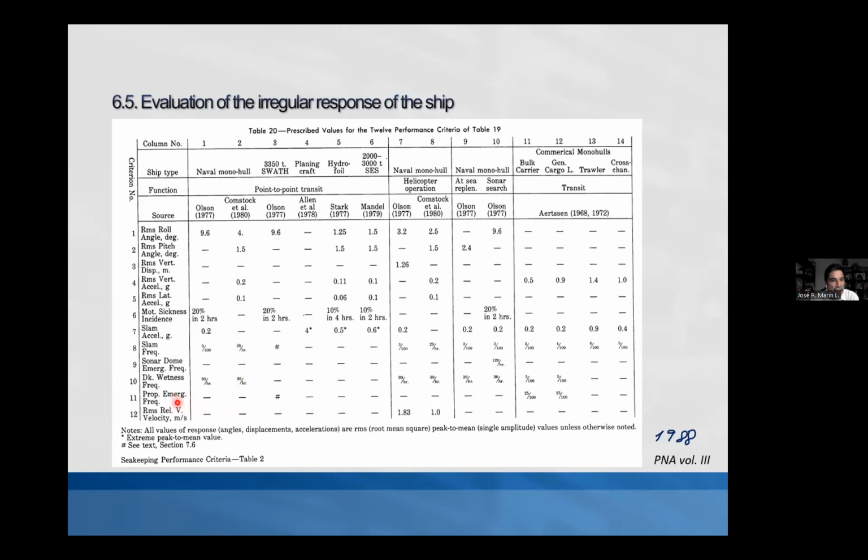Similarly, for the propeller emergence frequency, what does this mean? Again, you have the ship. Let's suppose that this is the aft. Here you have the propeller, right? And you have the surface. If you do something like that, that means that the propeller is out of the water.